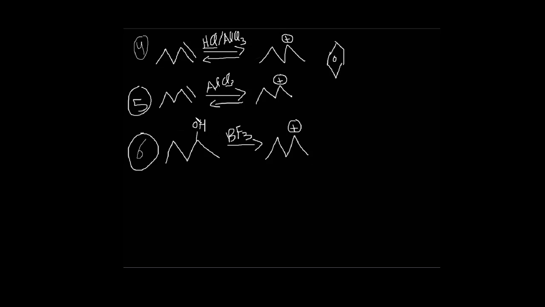Why is that? Because the alcohol can attack the BF3 and form a bond with it, and after it forms a bond with the BF3, it becomes positive. It becomes a good leaving group, and it can leave, and we form a carbocation that the benzene can attack and attach to. And the same thing happens just as before.